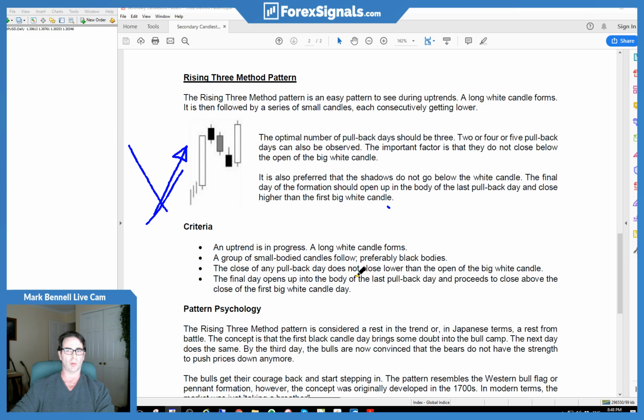A long white candle forms, so this one. A group of small body candles follows, preferably black ones. The middle one though can be black or white or green or red. The close of any pullback day does not close lower than the big white dominant wide range bar. The final day opens into the body and closes above the close of the big white candle.